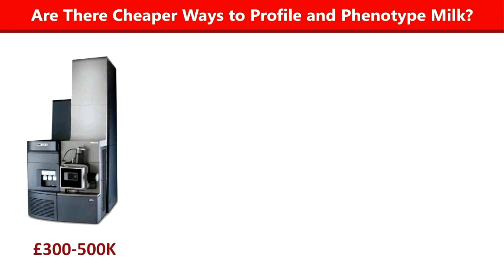But we're also really interested in finding cheaper and quicker ways to profile and phenotype milk. The type of mass spectrometry that I talked about earlier is very expensive. It costs up to about £500,000 for a piece of equipment to analyse these human milk samples, which is well beyond what many human milk banks, hospitals and other organisations can afford.